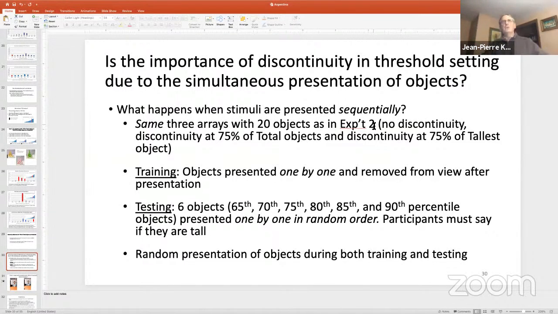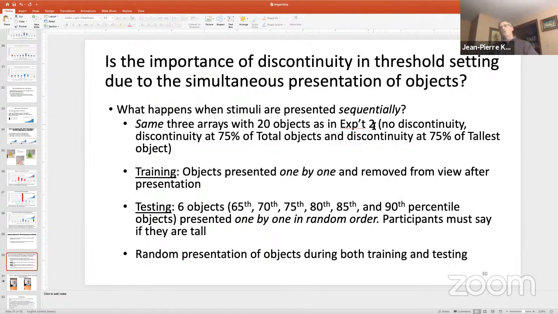So no discontinuity of the 75% of total objects, or discontinuity of the 75th percentile, or a discontinuity of the 70th percent of the tallest height, right? Same, but now the presentation will be sequential. So objects will be presented one by one and then removed from view.